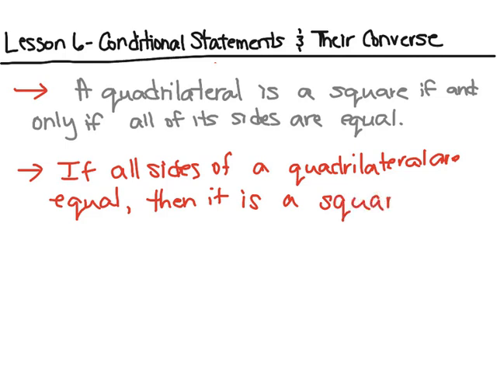We're just reversing this, so we have that backwards now. The hypothesis before was that it's a square. The conclusion was all sides are equal in a quadrilateral. Now we have it backwards.